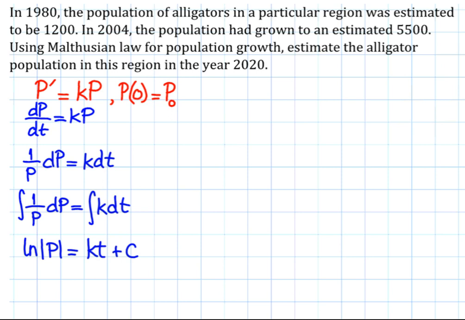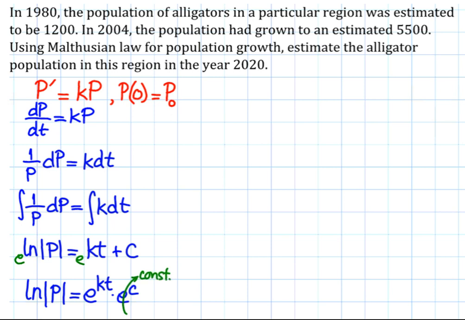And we raise both sides as a power of e. On the left hand side, we just have absolute value of p. On the right hand side, we can write e to the kt times e to the power of c. Now, since c is a constant, e to the power of c is also a constant.